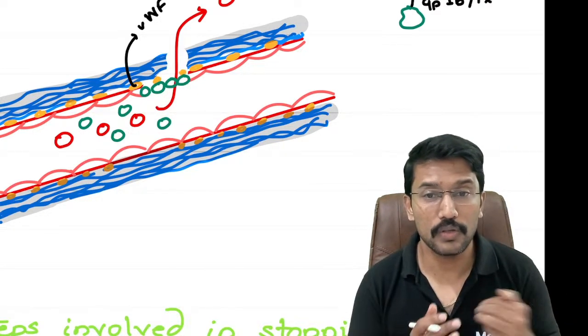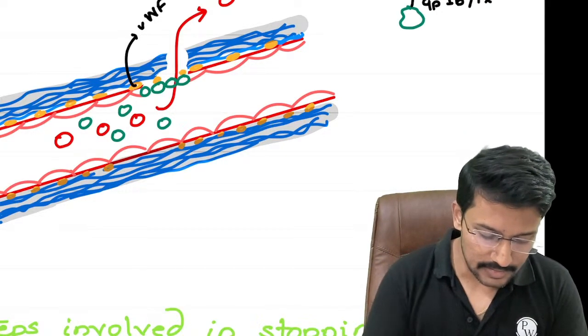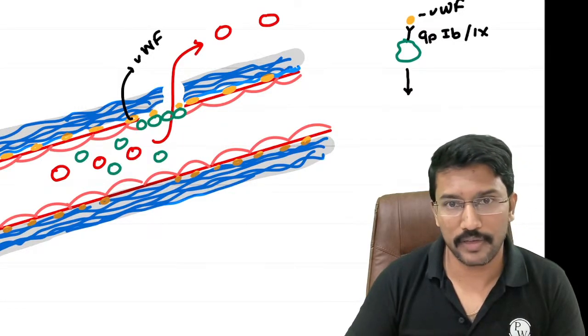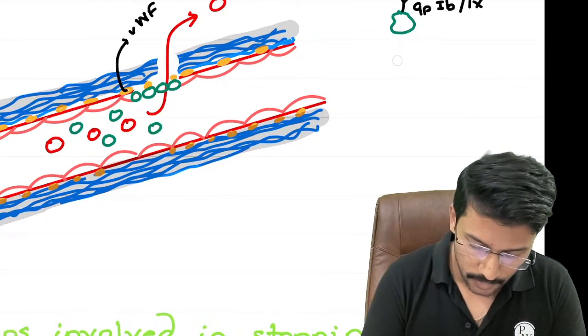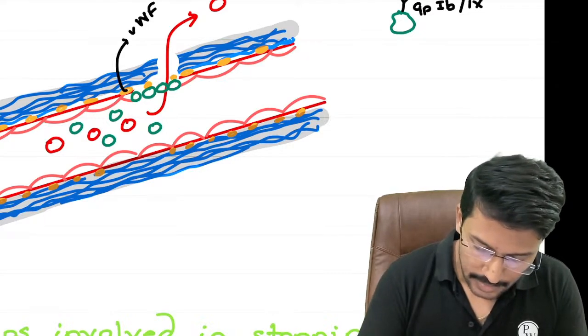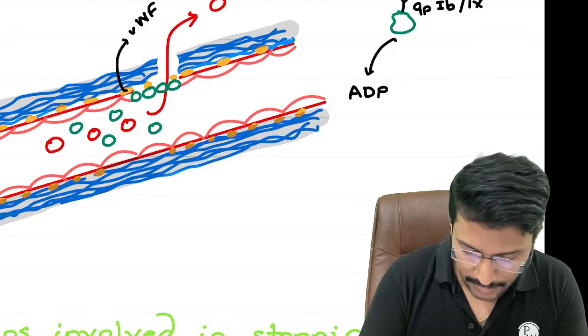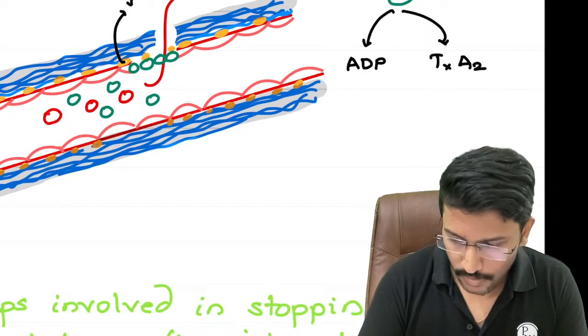How will they do that? They will send chemical messengers. There are actually two: one is ADP, adenosine diphosphate, and the second one is thromboxane A2.